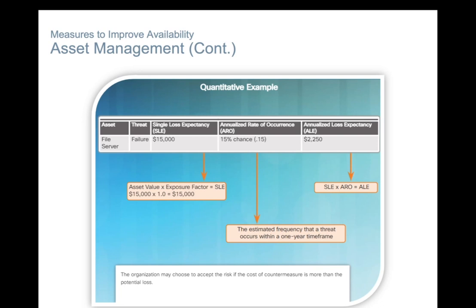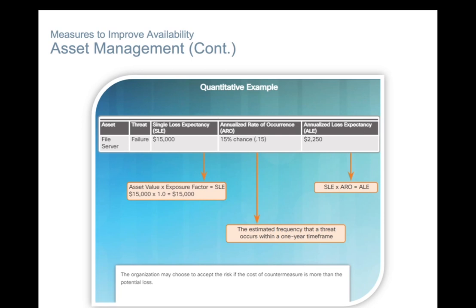The ARO can be greater than 100% if a loss can occur more than once a year. The calculation of the annualized loss expectancy gives management some guidance on what it should spend to protect the asset.